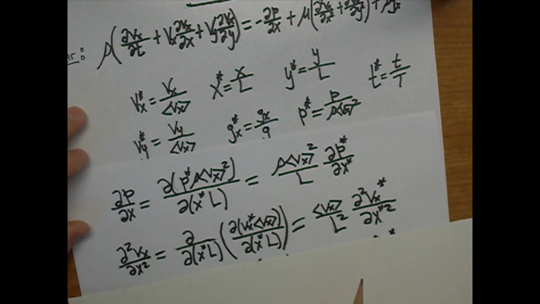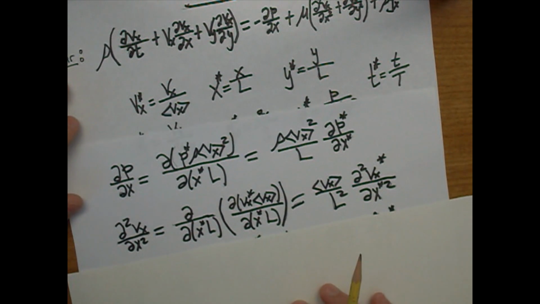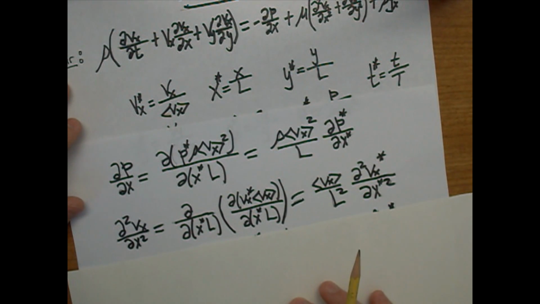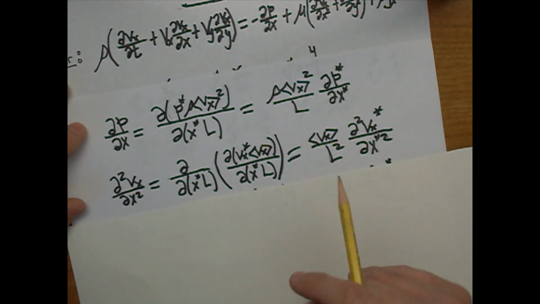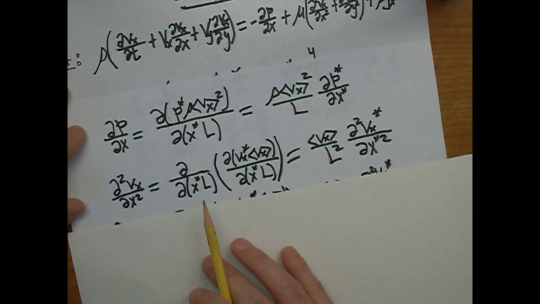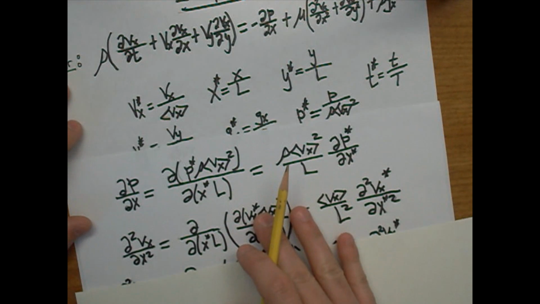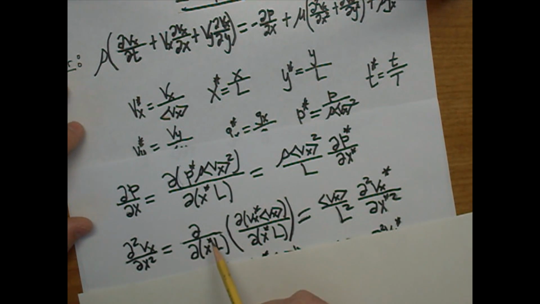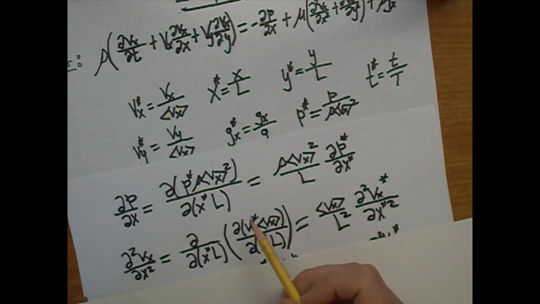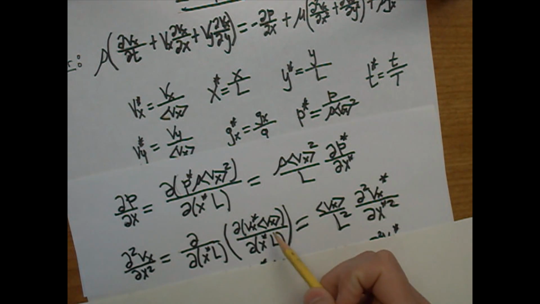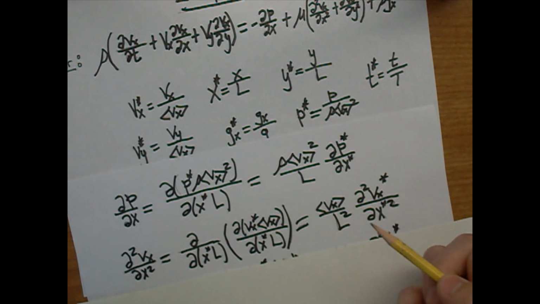I'm going to do the same for the d squared Vx over dx squared. So now we're working on this part, and when we break this one down, it's just going to be d over dx star L, and then we plug in our Vx, which is Vx star times the average velocity in the x direction, divided by our dx star L. And again, we pull out our terms.